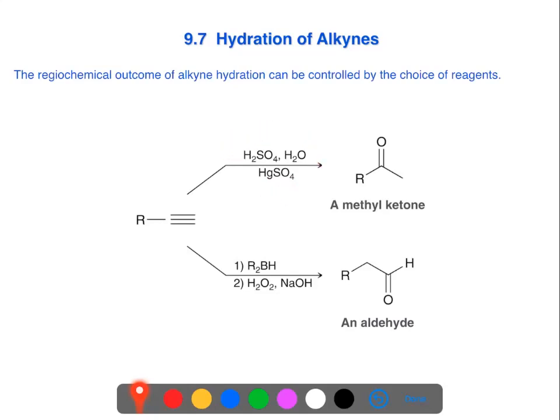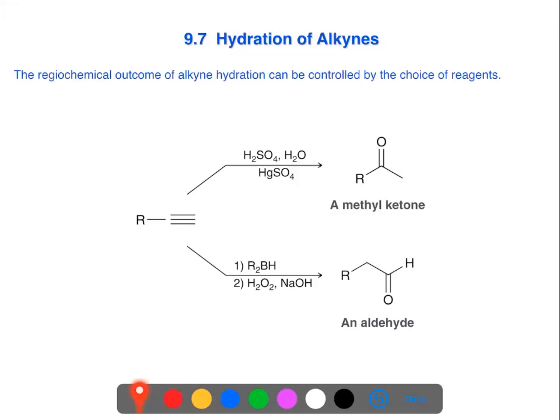So typically it's a mixture of sulfuric acid, water, and then mercuric sulfate. Under those conditions, we will regioselectively form the enol that places the hydroxyl group at this position, and the tautomerization will result in the formation of a ketone.